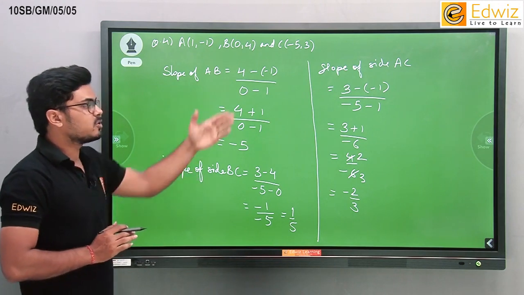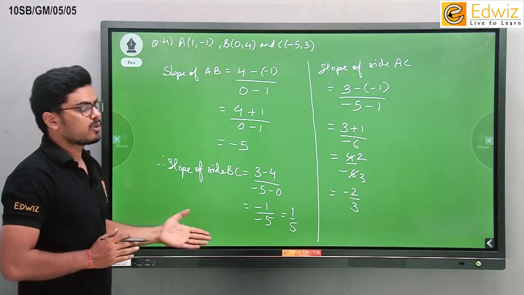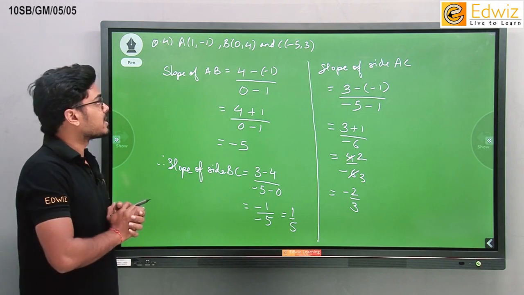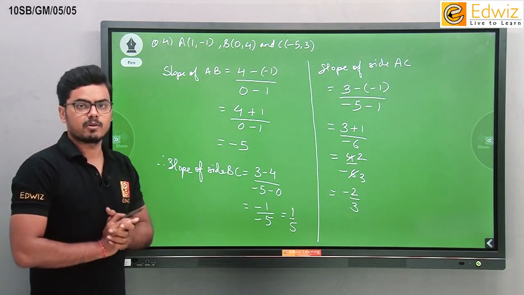Okay, so these are the individual slopes of all the three sides. This is what you had to do. You had to find this in the question. So please make a note of this. I'll wait for 20 seconds.